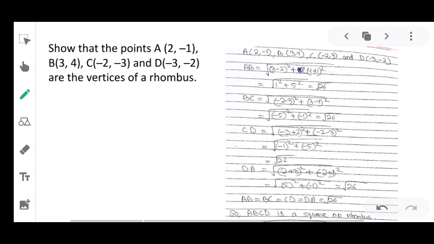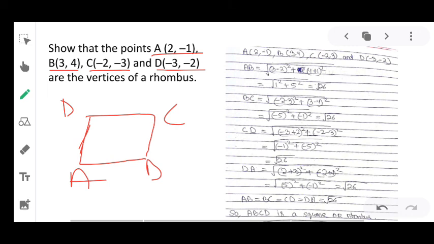Okay, so the next question: show that the points A (2, -1), B (3, 4), C (-2, 3) and D (-3, -2) are the vertices of a rhombus. Okay, so this is the rhombus ABCD.